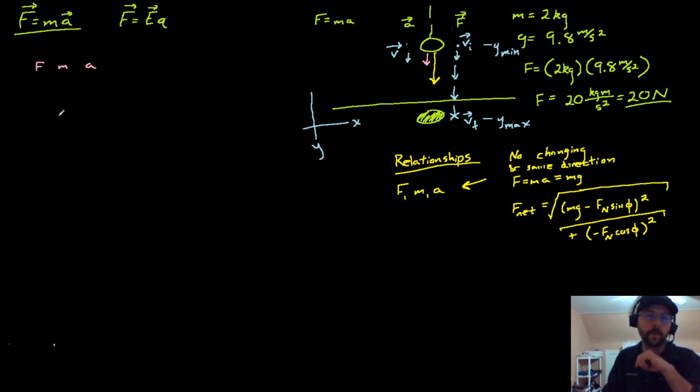Let's say that we were going through, this is going to be a little bit contrived. Let's say that we want to take this ball and it's on a string that's tied up to something. And we're going to drop it.